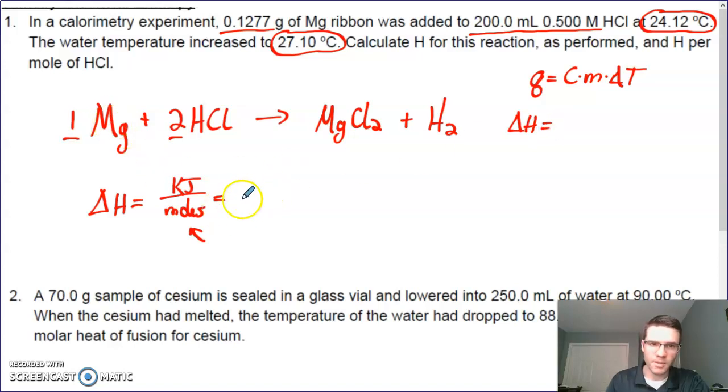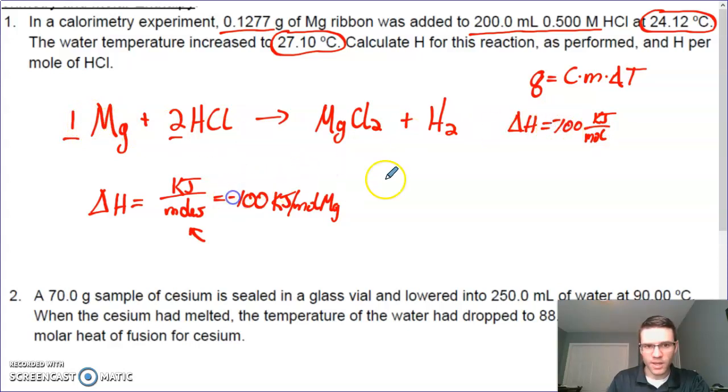Let me just show you that. If magnesium is a limiting reactant, and I do kilojoules per mole, my kilojoules from this equation, per mole of magnesium, let's say I get 100, it's not this, but 100 kilojoules per mole of magnesium. Well, that's going to be 100 kilojoules per mole for this reaction, because the reaction is written to have only 1 mole of magnesium in it. It'd be released, so we'd have a negative value here.